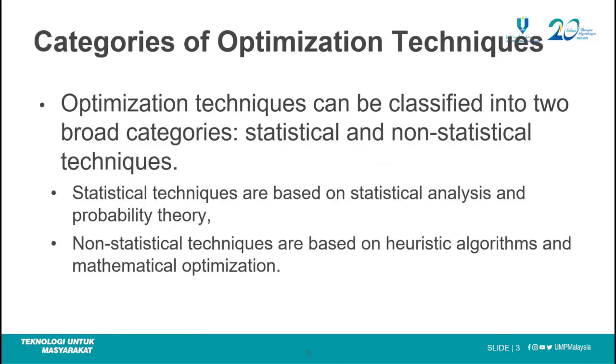So these are the categories of the optimization techniques. If we read through the literature, there are a lot of different classifications of optimization. Some of it categorizes the optimization techniques as traditional and non-traditional approaches.